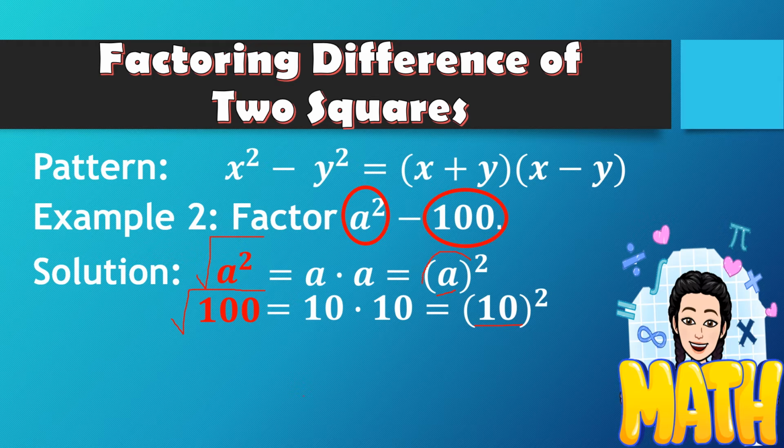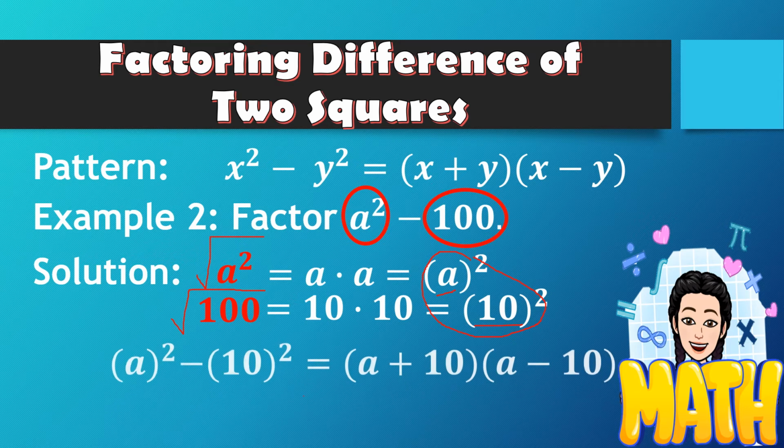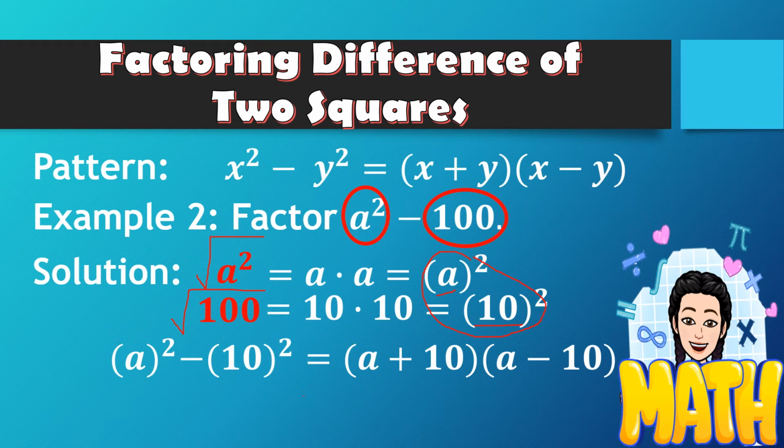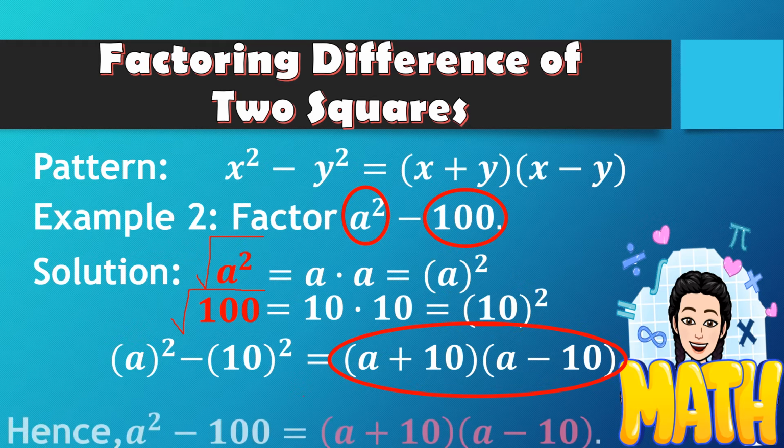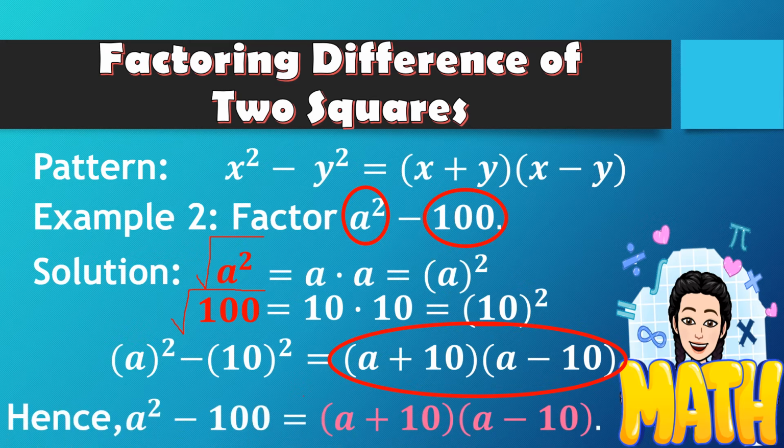Then, gagawin lang natin tong sum and difference. The factored form now is a plus 10 times the quantity of a minus 10. So in this example, the final answer is quantity a plus 10 times the quantity a minus 10.